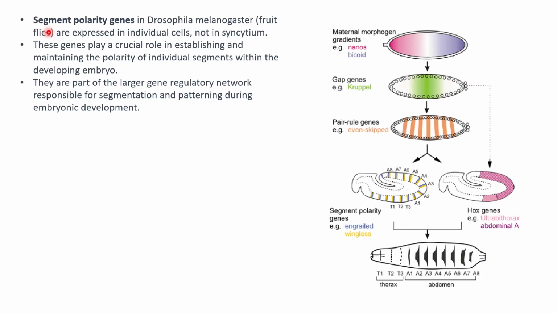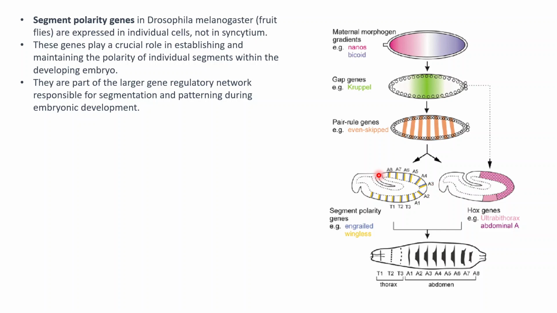As I was mentioning, what are segment polarity genes? Segment polarity genes in Drosophila are expressed in individual cells, not in syncytium. So this is the statement that we were referring to. These genes play a crucial role in establishing and maintaining the polarity of individual segments within the developing embryo. There are different segments here mentioned as T1, T2, T3, A1, A2, A3.